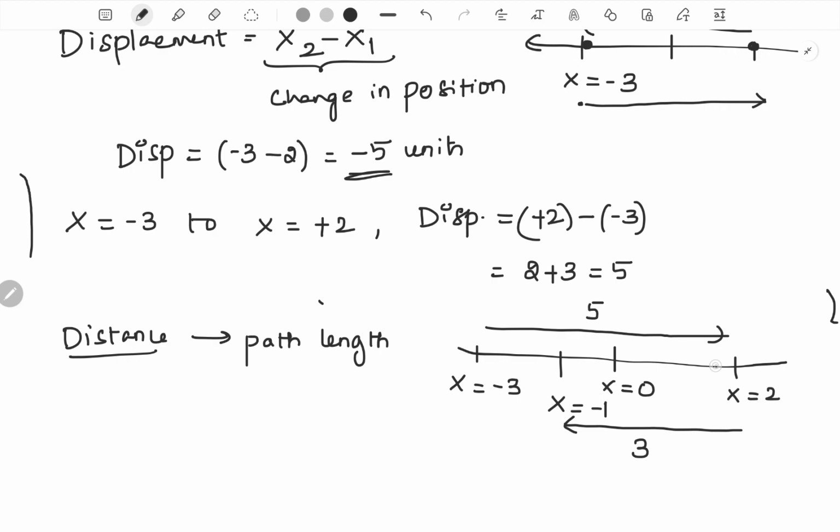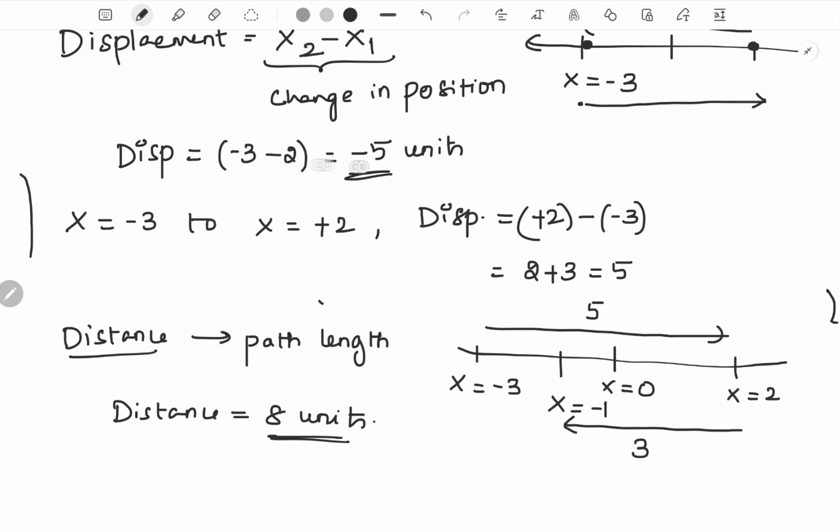The units could be anything depending on the choice of the length that we make, either meters, centimeters or kilometers. So in this example, the total distance covered by the particle would be equal to 8 units. So the distance gives us what length it has actually covered during a particular interval of time.